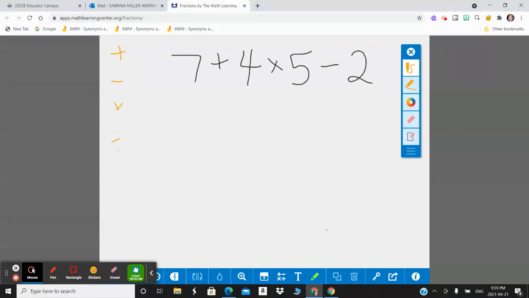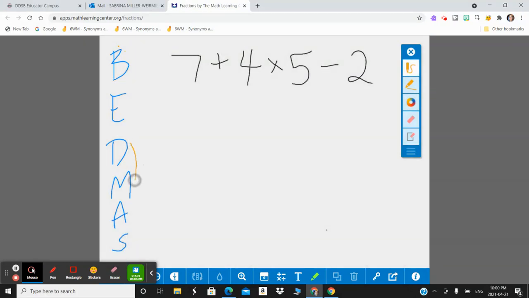And that means we think of math as a language. So when we look at order of operations, we remember the acronym BEDMAS and that fantastic BEDMAS song. And BEDMAS stands for brackets first, then we look at exponents, we do division, multiplication, addition, and subtraction.